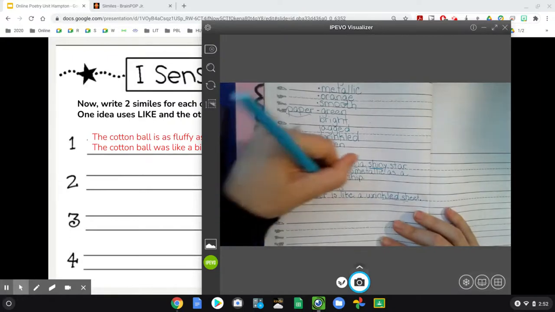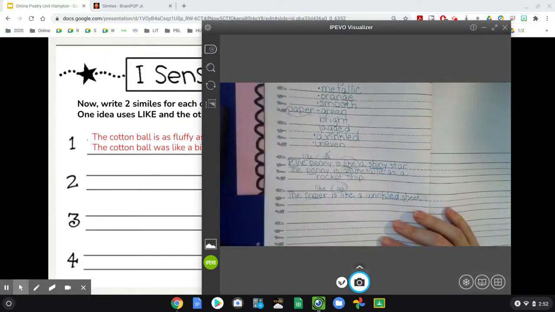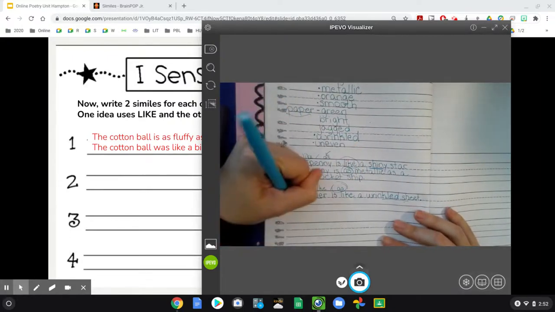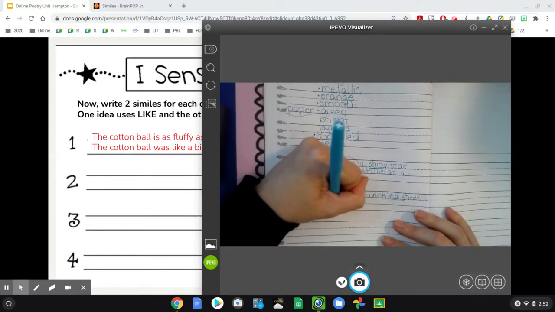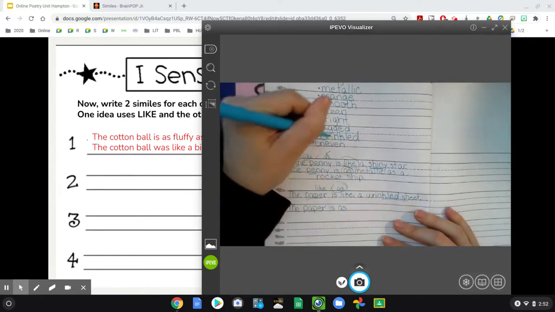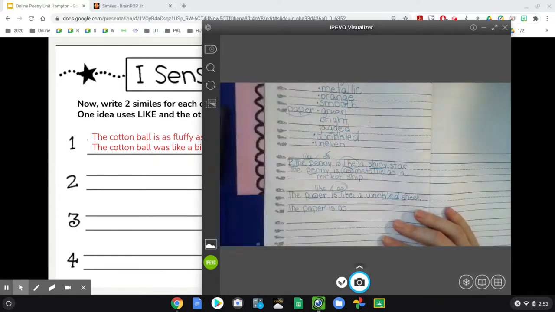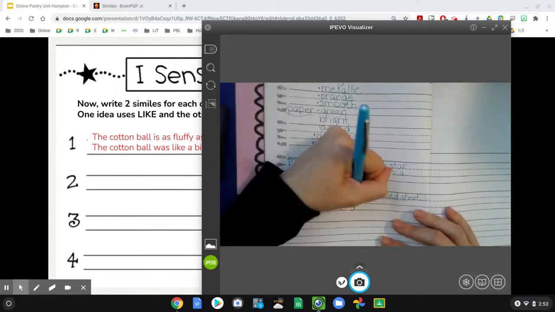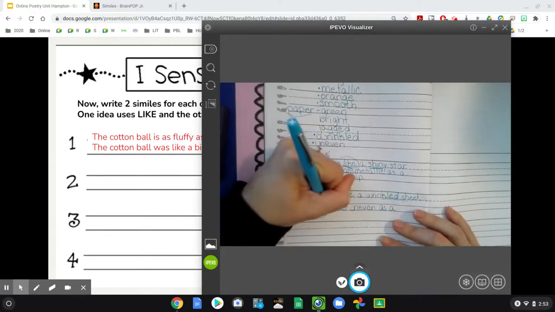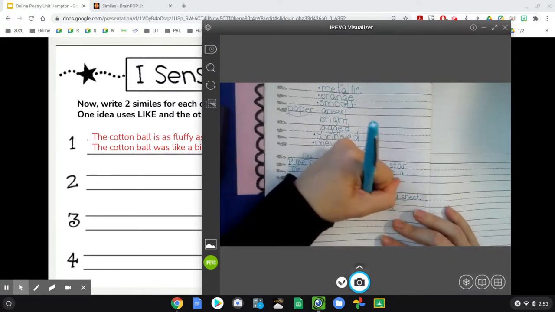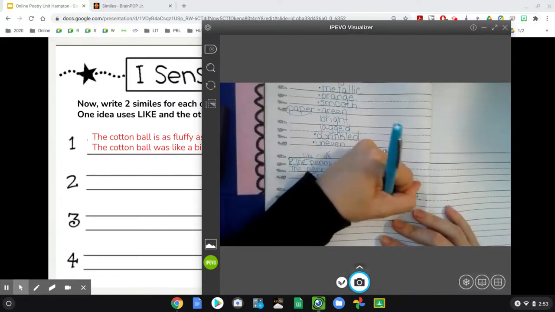And then the next one, I'm going to use my simile. I'm doing as my comparison. So the paper is as, maybe on this one I'm going to use uneven, is as uneven as a crumbly county road.